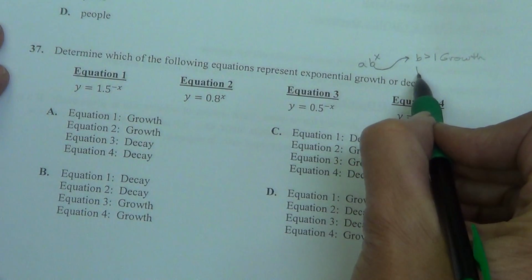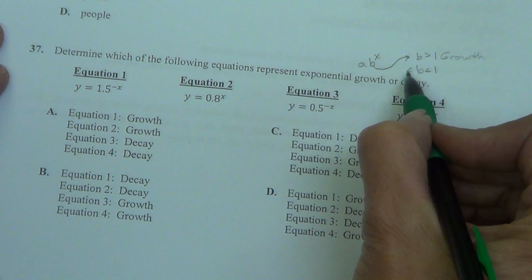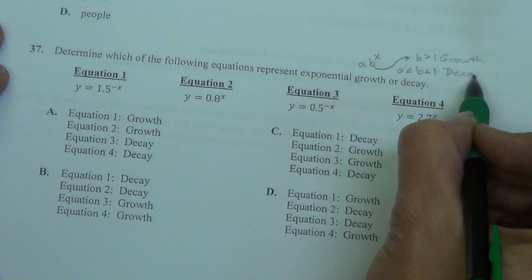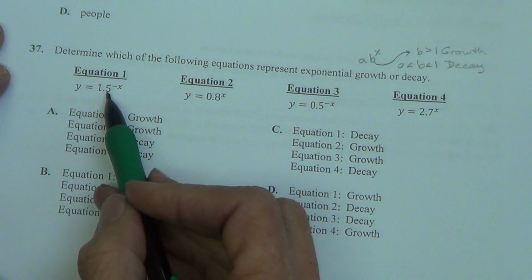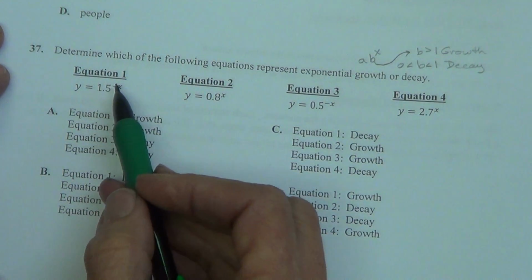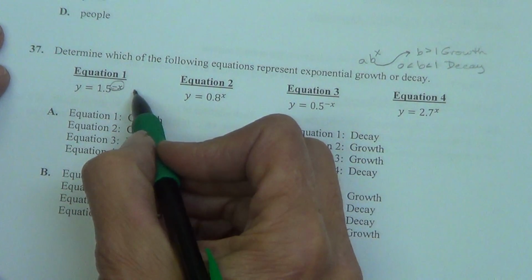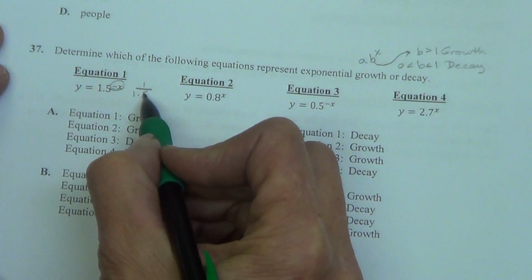If it's smaller than 1, greater than 0 obviously, then it's decay. So we just need to simplify these. 1.5 to the negative x. Oops, we don't want a negative, so let's make that a positive. It would be 1 over 1.5 to the x.